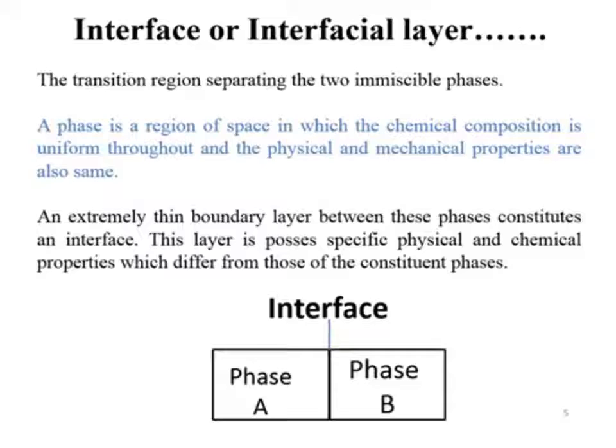It means that when two phases are present and these two phases are immiscible, then there will be a thin boundary layer between them that will actually be called an interface or interfacial layer.